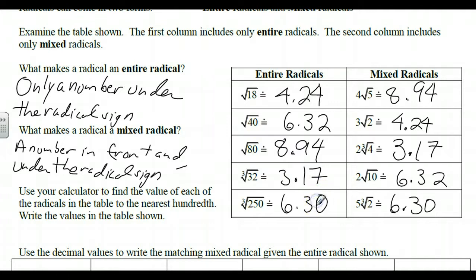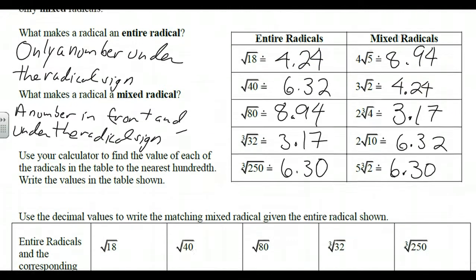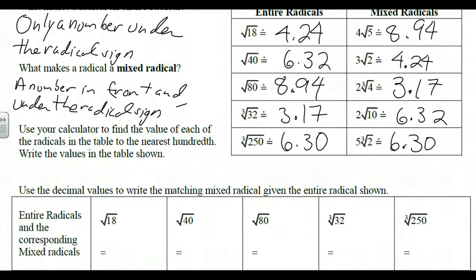This is approximately equal. Now, if you notice, root 18 is 4.24, and so is 3 root 2. So we can go through our table and fill this in: root 18 corresponds to a mixed radical of 3 root 2. Root 40 is 2 root 10.